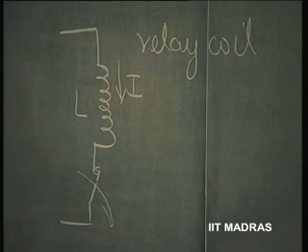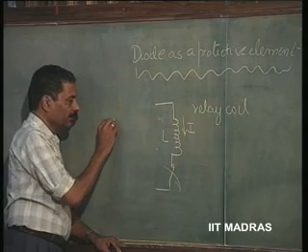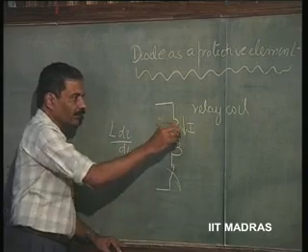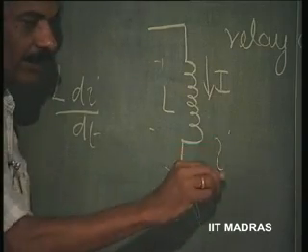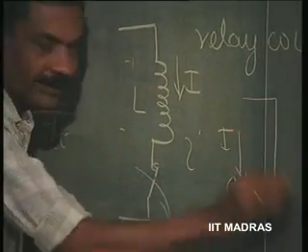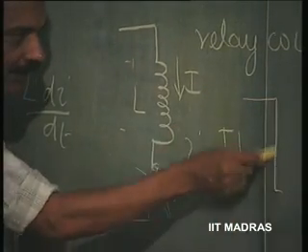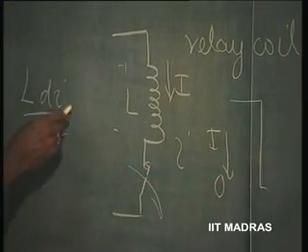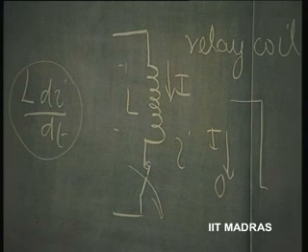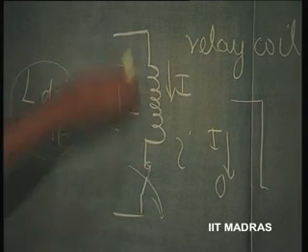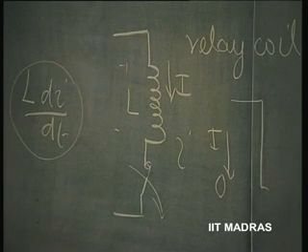The voltage across an inductor is L di by dt. The current suddenly becomes 0 from I, a sudden drop in current. So, that means di by dt is infinity. That means the voltage across the inductor becomes infinity. What does it mean? When I am trying to open this switch, this current tries to continue to flow, because current in an inductor cannot be changed suddenly.